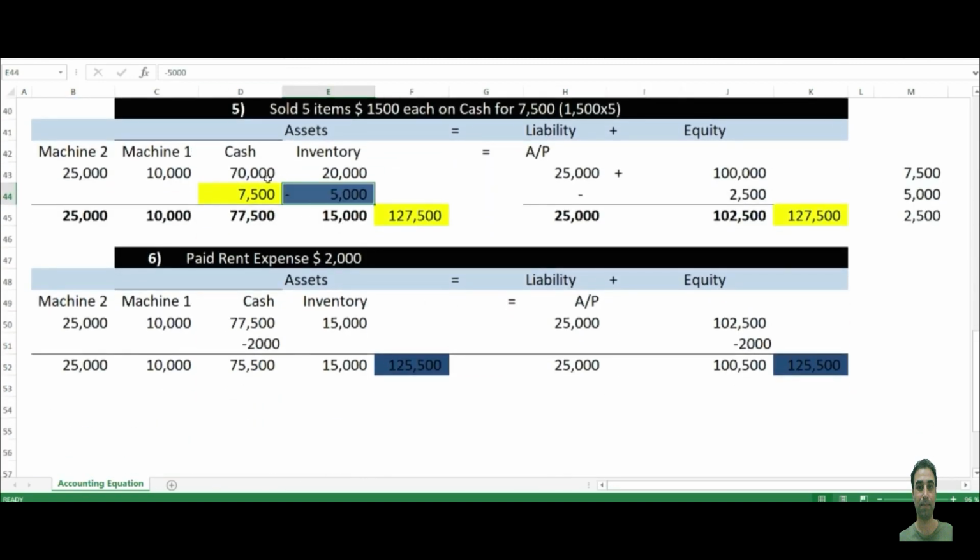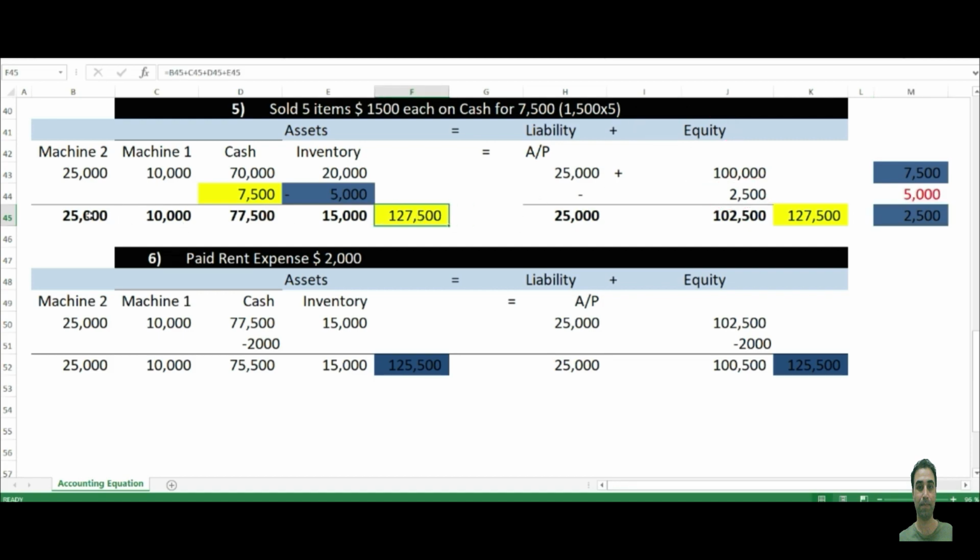Okay, now if you see over here 7,500 you have obtained by selling inventory of 5,000. So how much is your profit? 7,500 minus 5,000. So what is your profit? 2,500. And profit belongs to whom? To the owner. And in this accounting equation, which part belongs to the owner? Equity. So 2,500 will go to the equity.